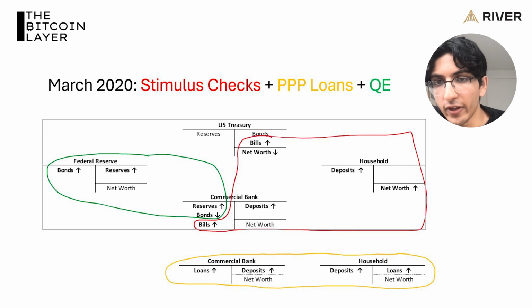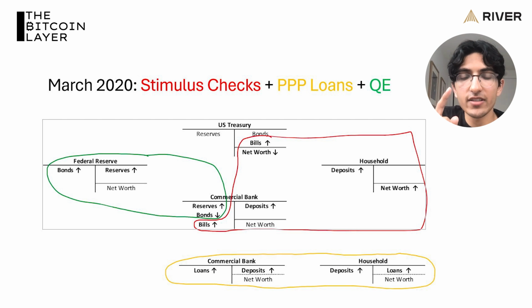So if we just walk through this, what I'm saying happens when the government spends is, again, the first step is the government spends money into existence. So the Fed has the ability to print reserves out of nothing. What happens is, I want to credit a household's account. The Federal Reserve raises its reserve liabilities. So yeah, you're correct.